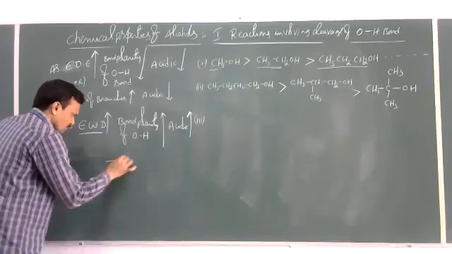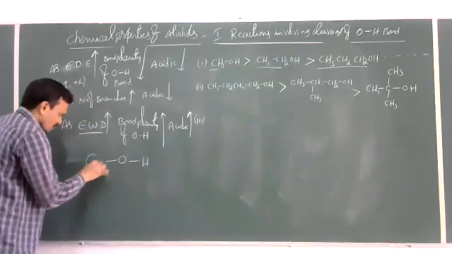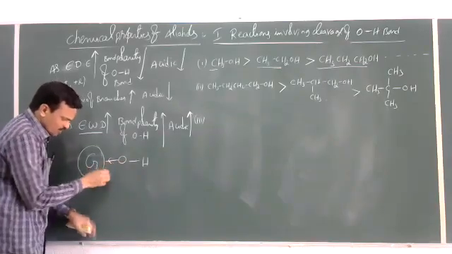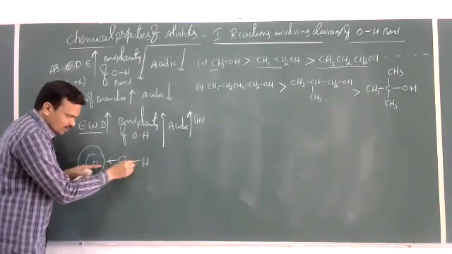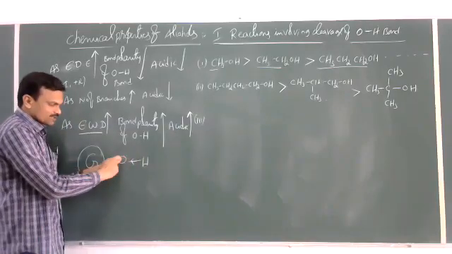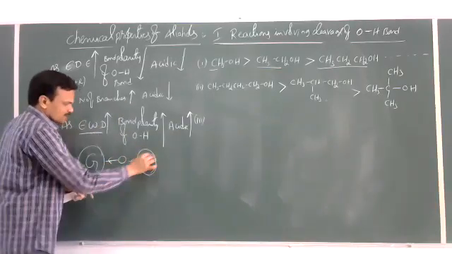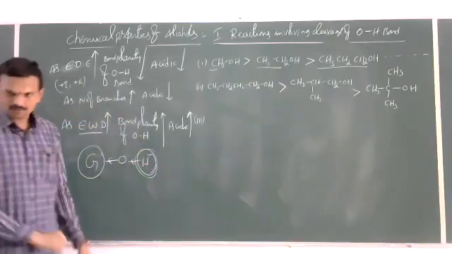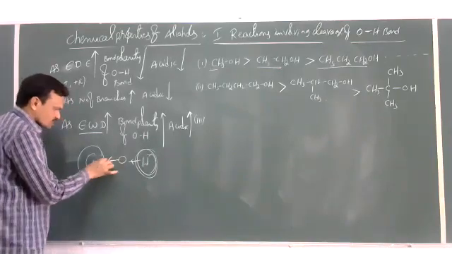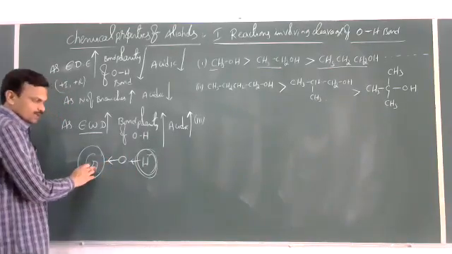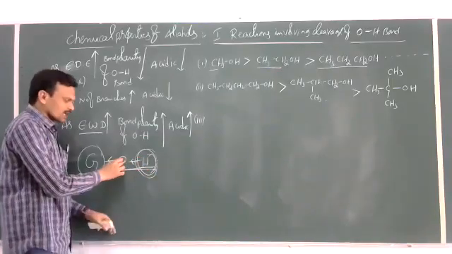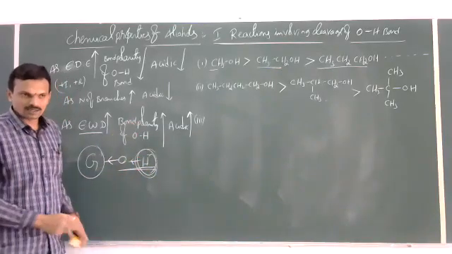See here, the OH bond is there, and here some group G is there. This is an electron withdrawing group. If this withdraws the electrons, then automatically the OH electron pair is withdrawn towards oxygen. That means the bond polarity of this OH bond increases, and H plus can be removed easily. So as the withdrawing effect of the group attached to the carbon increases, the bond polarity of the OH bond increases. As OH bond polarity increases, acidic strength increases.